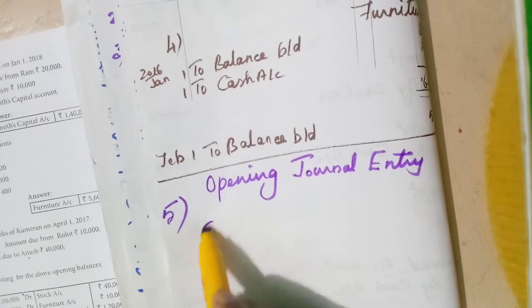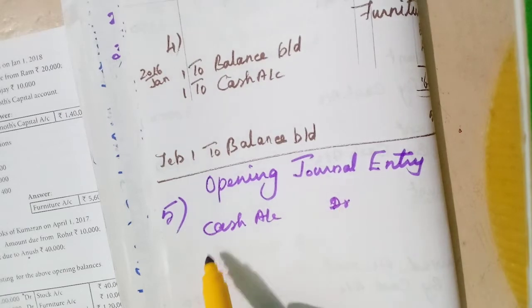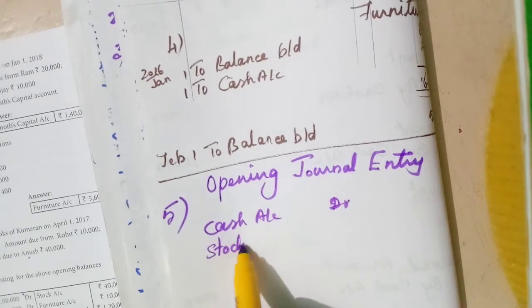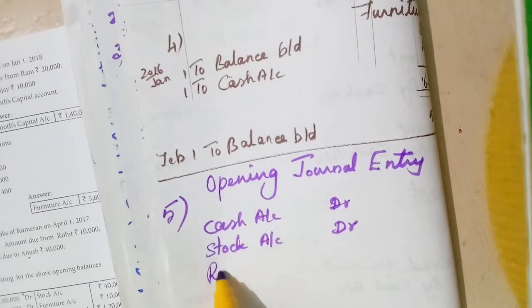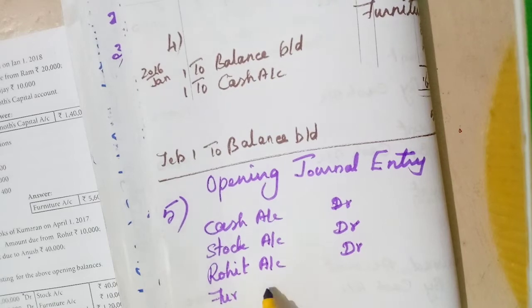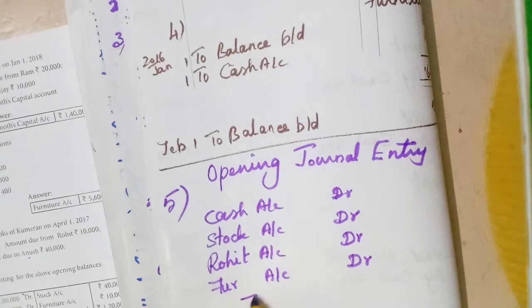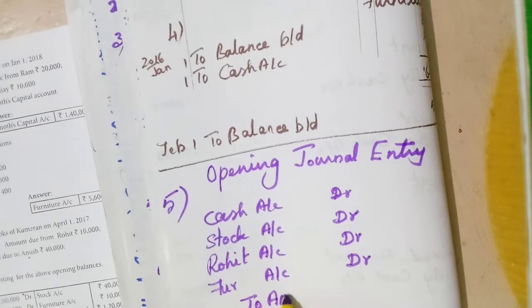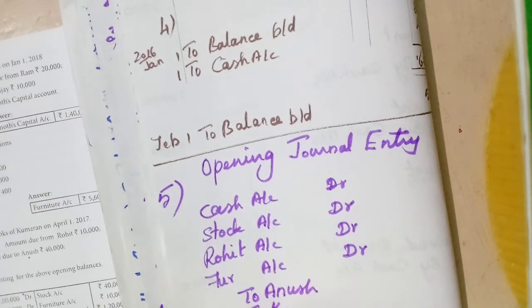First, cash account debtor, stock account debtor, Rohit account debtor, furniture account debtor, then liabilities to Anush, then capital, Kumaran's capital.